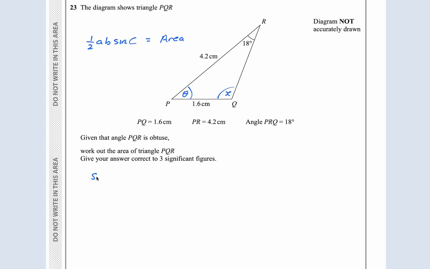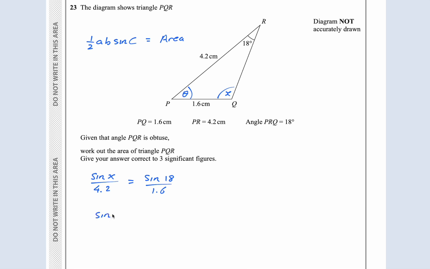I'm going to say sine x over 4.2 is equal to sine 18 over 1.6. It's sine of this over its opposite side equals sine of this over its opposite side.